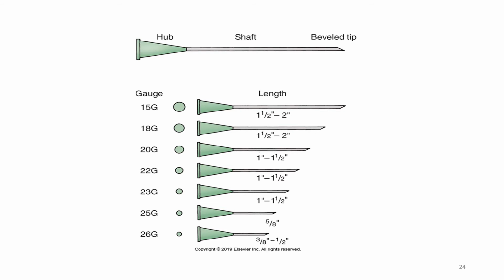Most of your 15 gauges are going to be for something really deep, like intraosseous and things like that. 18 gauge would be for maybe blood donations, things like that, where you want a larger flow quickly. So just review those, know the 3 parts of your needle selection, and that you should always give bevel up.